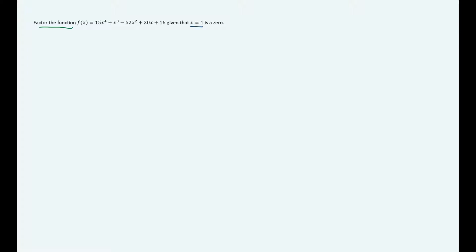Given that x equals 1 is a 0, that means I do know that x minus 1 is a factor, but then what is everything that's left over as I factor out x minus 1? I can figure that out by doing synthetic division. I'll list out my coefficients: 15, 1, negative 52, 20, and 16.